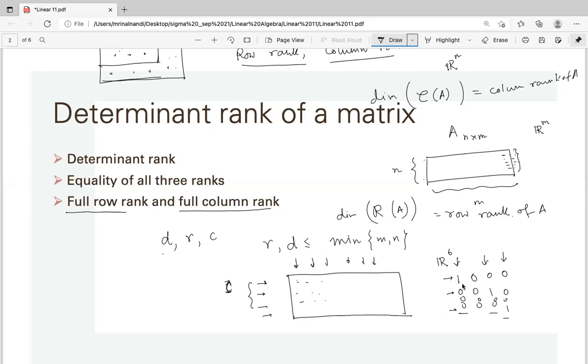And obviously, that 3 cross 3 submatrix is obviously identity matrix, because a leading one means all the entries below and above are zeros. That's why it may be identity, or may not be identity.